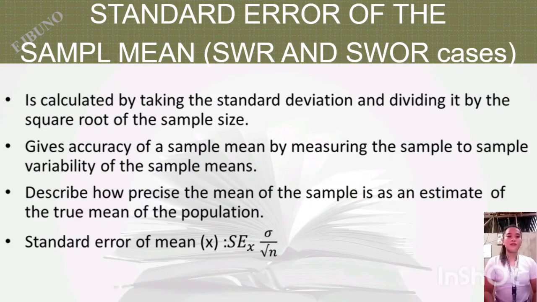Standard error of the sample mean, SWR and SWOR cases. It is calculated by taking the standard deviation and dividing it by the square root of the sample size. It gives the accuracy of the sample mean by measuring the sample-to-sample variability of the sample means. It describes how precise the mean of the sample is as an estimate of the true mean of the population.